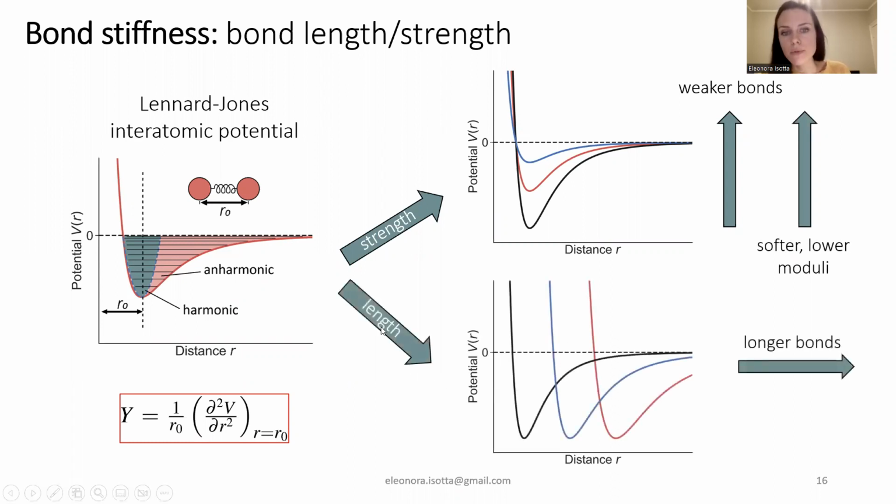At the same time, if we increase the bond length, this is the way the interatomic potential changes. You can see that in this case too, increasing bond length causes a decrease in the curvature of the potential at its minimum. So also in this case, increasing bond length means softer and lower moduli.